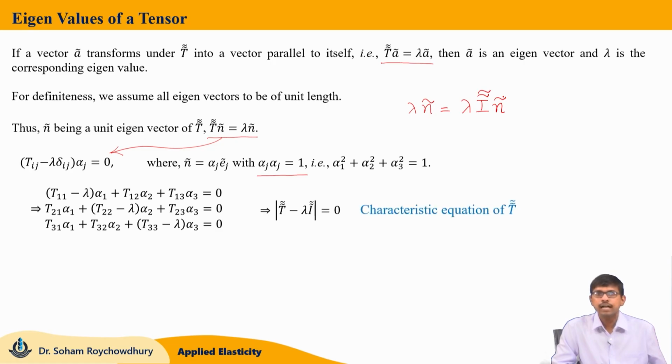This is known as the characteristic equation of the second order tensor T, and by solving this we can obtain all three eigenvalues lambda for this particular second order tensor T, and then putting those lambda values back in these three expressions, we can get the components alpha 1, alpha 2, alpha 3, which would help us determine the eigenvectors A.